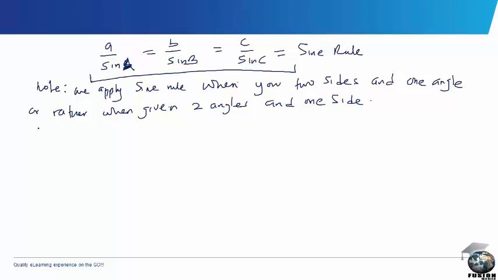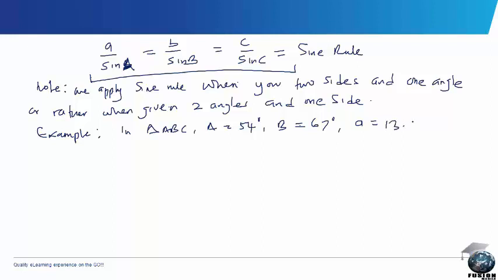For example, in a triangle ABC, A is equal to 54 degrees, B is equal to 67 degrees, and the side a is equal to 13.9 meters. You attempt to find the sides b and c.